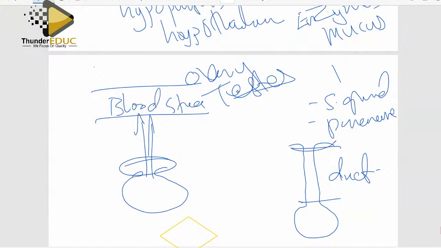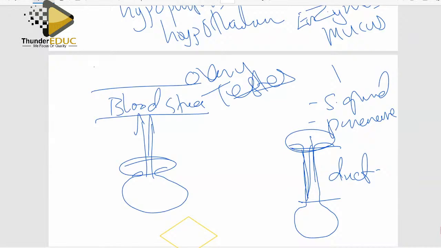While with this one, the saliva is released where it is needed. For example, your saliva will go direct to the mouth. There is no blood which is going to bring that saliva. Because of the ducts, the salivary gland will produce the saliva, and then it comes through these ducts. So we call them duct glands.